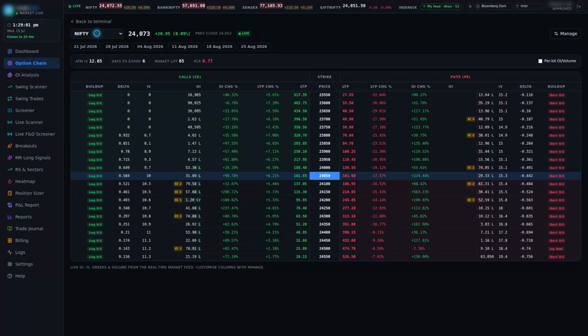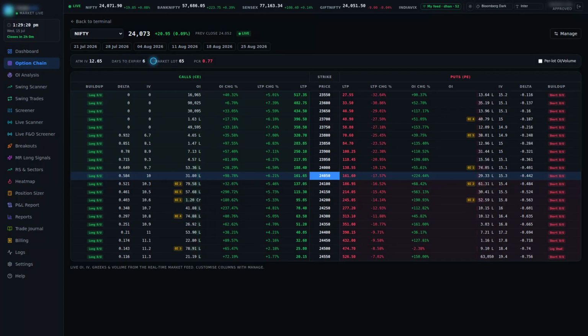Just under the expiries sits the summary strip, 4 numbers that frame everything below. ATM IV, the implied volatility at the money strike, the market's own price of expected movement. When this number is high, options are expensive, when it's low, they're cheap.